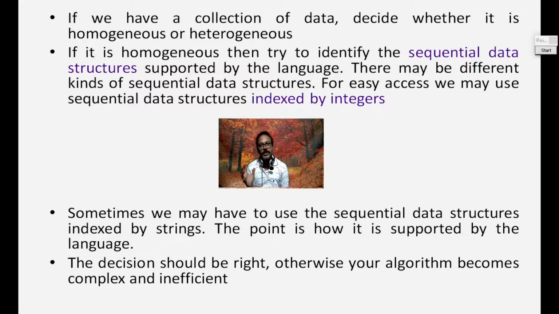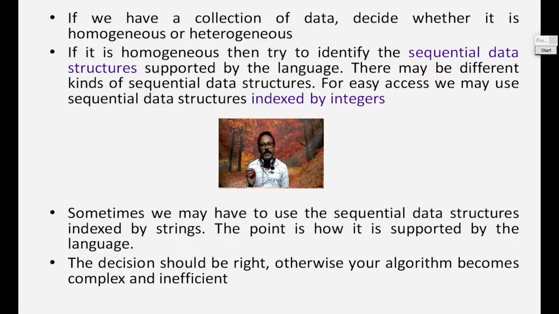If it is a heterogeneous collection of data, then you will have support for what is called a record of data, in the form of structures and unions in the case of C language. C++, Java, etc. also support structures. So there will be different support, and you have to use that support.